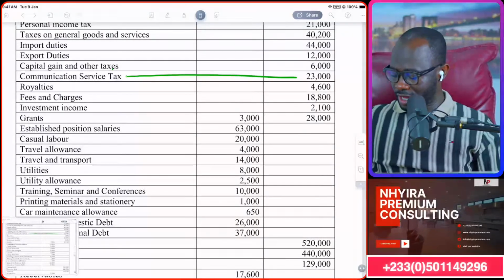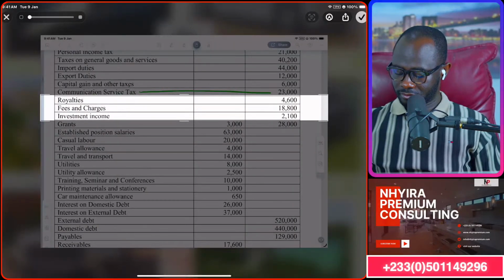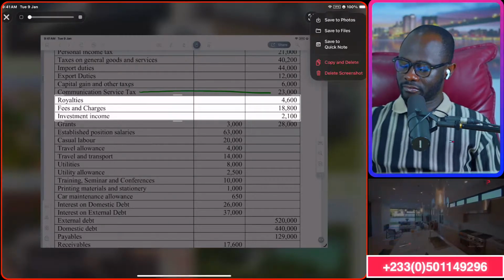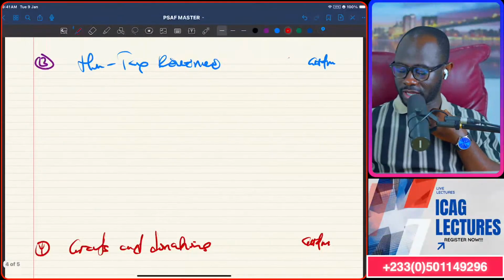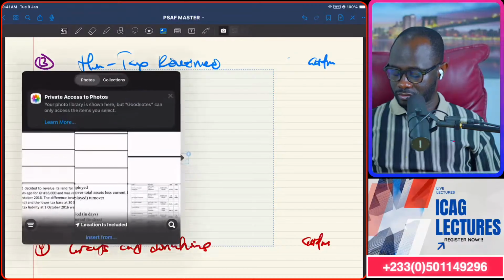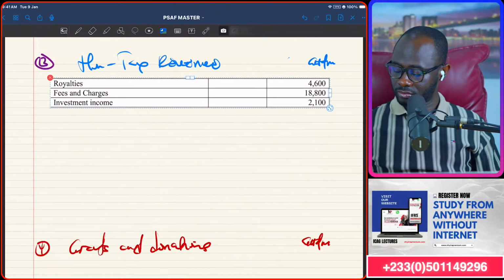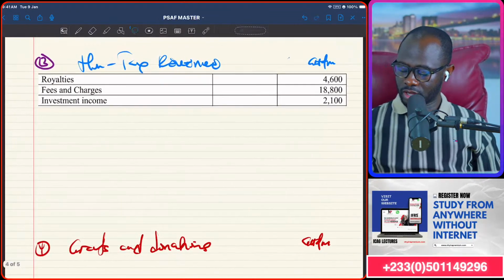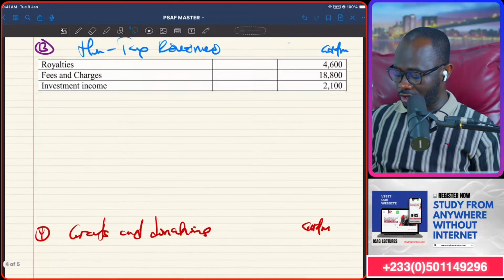So let me bring them up in my slide. Easy peasy. So non-tax revenue. There we go. These are all non-tax revenue.